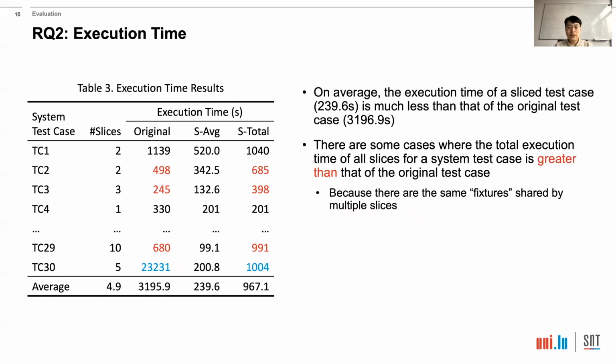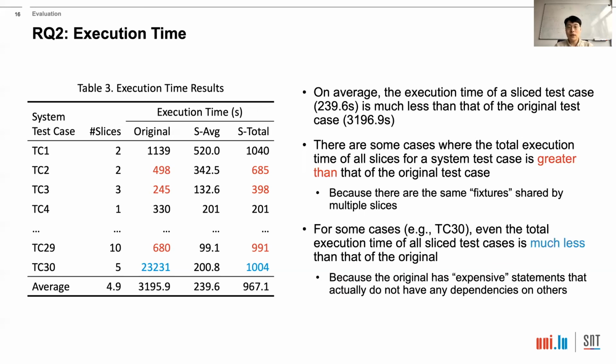There are some test cases where the total execution time of all slices of a system test case is actually greater than that of the original test case. And this makes sense because there are some cases where the same fixture is shared by multiple slices.